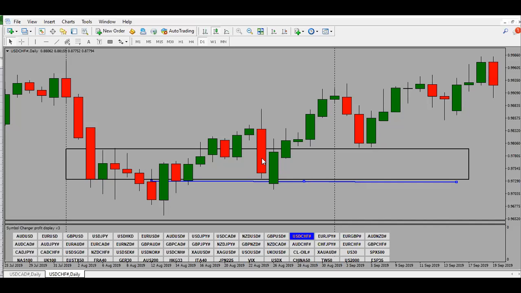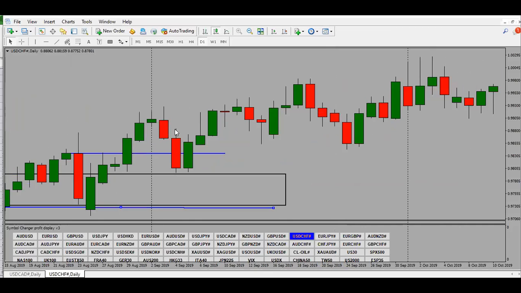Now, so price traded through, price traded back into this bearish candle, and you'll be looking for reasons to buy, and that's the buy, right? Price traded through this bearish candle at this level. Once price trades back into that region, again, you'll only be looking for buys, no sells, right?